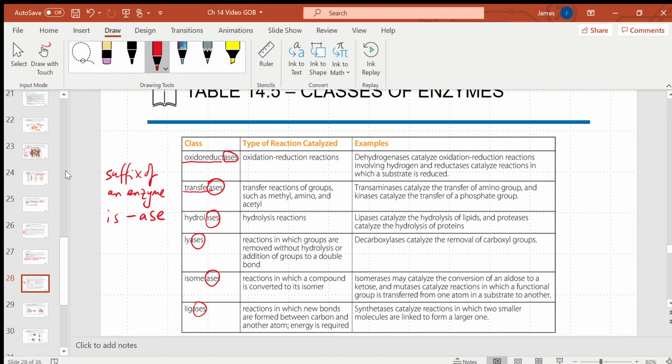For example, the enzyme that's designed to cleave the glycosidic linkage in sucrose is sucrase. Just as in our carbohydrate chapter we saw the suffix ose for a monosaccharide or a disaccharide, a sugar, we see here that ase is the suffix for an enzyme.